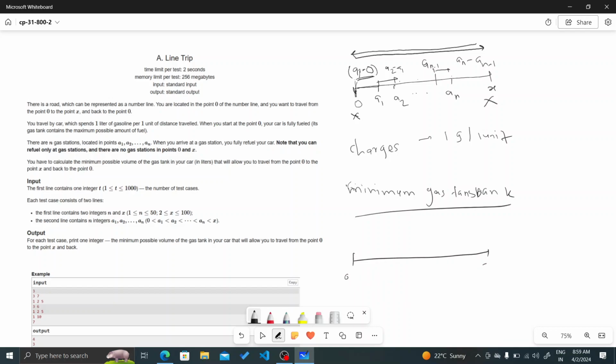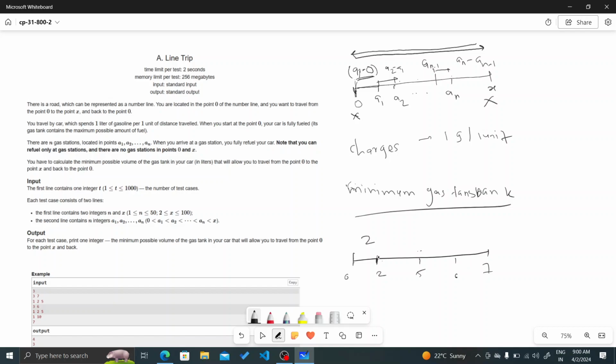So, you can think of it as, let's take a test case where I am at the 0th position. I want to reach the 7th position. I have gas stations at 2, 5, and 6. So to travel from 0 to 2, I should have a gas tank of size at least 2, so that when I reach here, I can refuel my tank fully and travel to the next station.